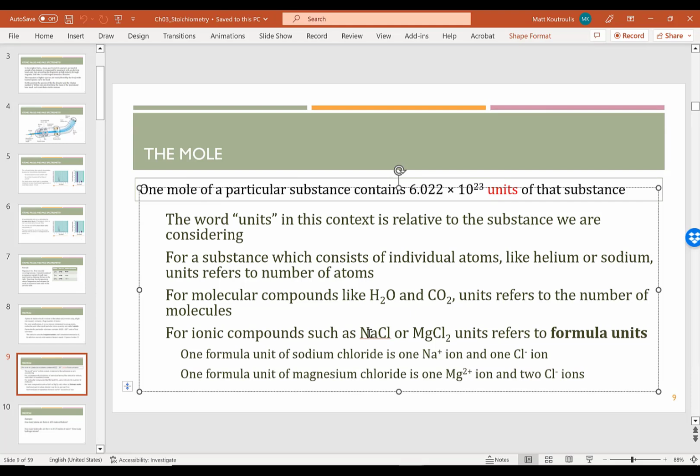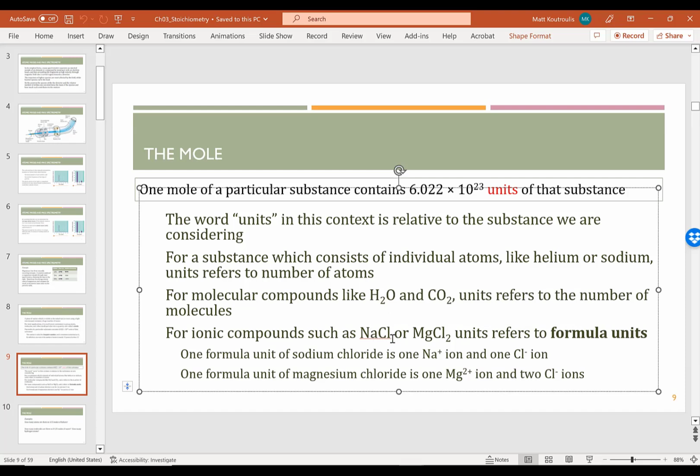Remember, we said it makes what kind of a structure? Lattice. A lattice, good. A crystal lattice. But it simply means that in that crystal lattice, there is a mole of sodium ions and a mole of chloride ions.